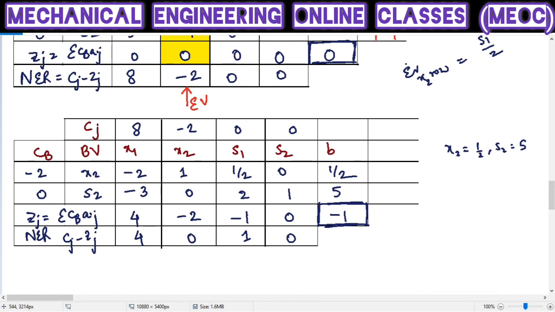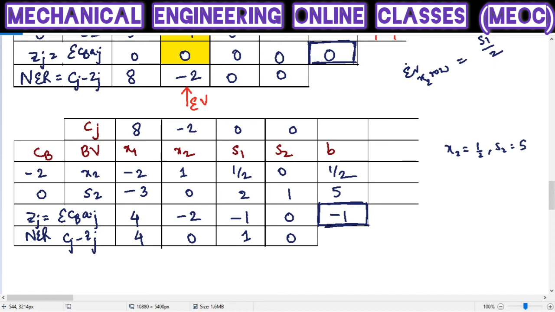Entering variable, we have to see whether there is an entering variable or not. For a minimized type of problem, if we have a negative value in our NER row, then the most negative will be chosen for entering variable, but here there is none. So optimality is attained. There is no negative value in Cj minus Zj. All are zeros or positives.